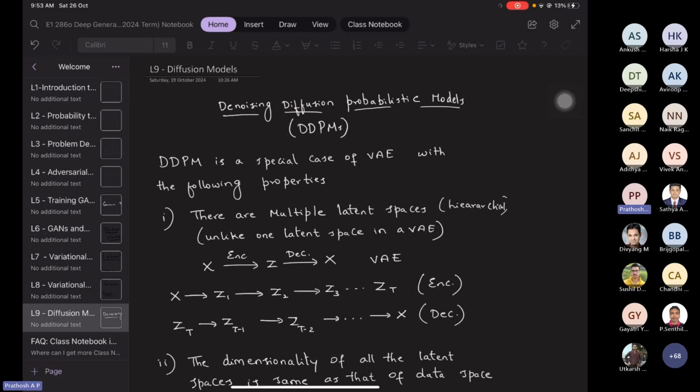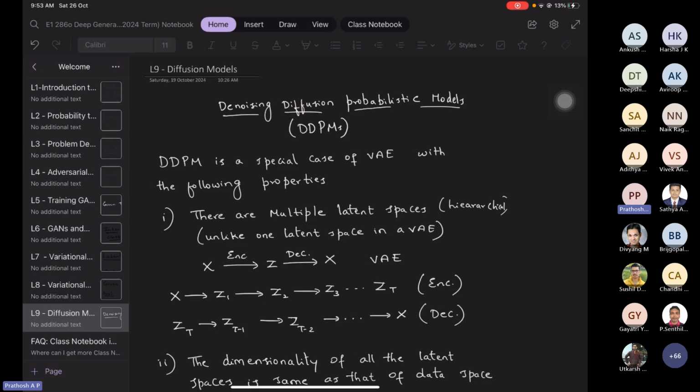Let's get back to stuff. So we were looking at denoising diffusion models. Just a quick recall. These are hierarchical VAEs which have multiple latent spaces, capital T number of latent spaces. All the latent spaces have the same dimension as the data space.